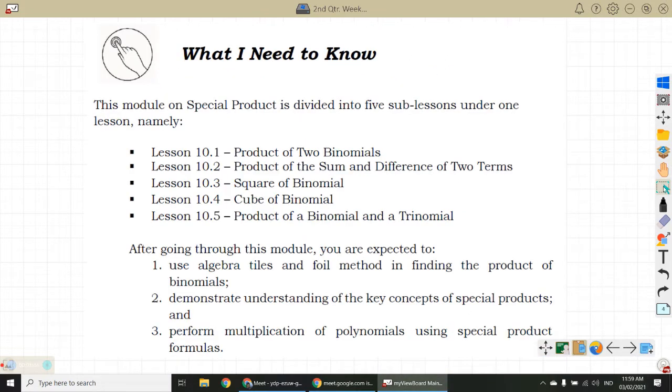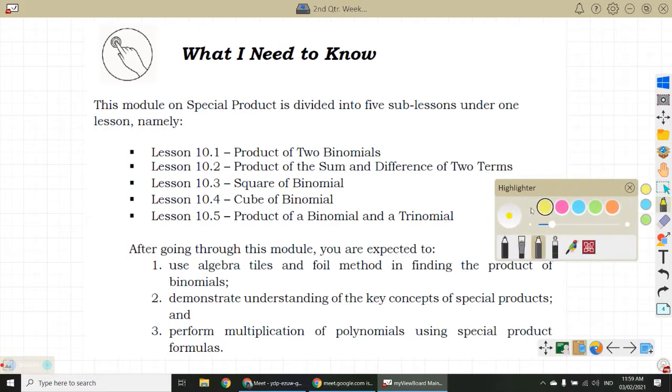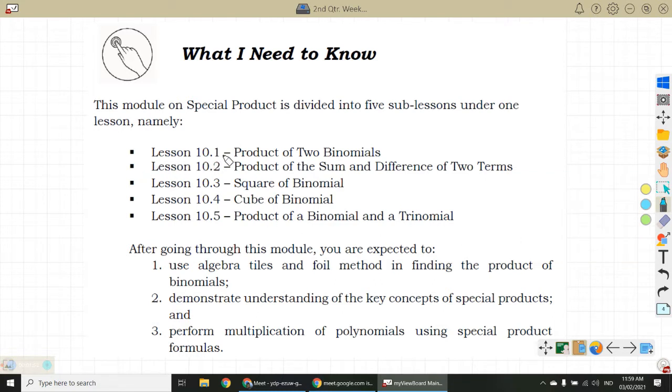The special products that we're going to study for this day are the following: the product of two binomials, the product of the sum and the difference of two terms, the square of a binomial, cube of a binomial, and the product of a binomial and a trinomial. Later on, I'll be explaining each special product.